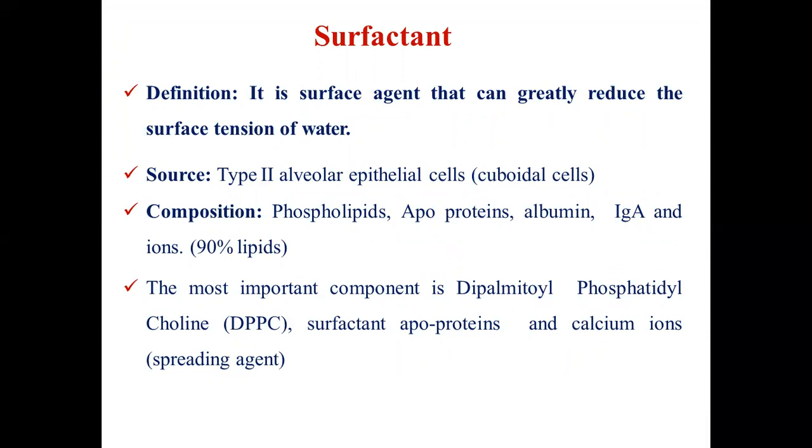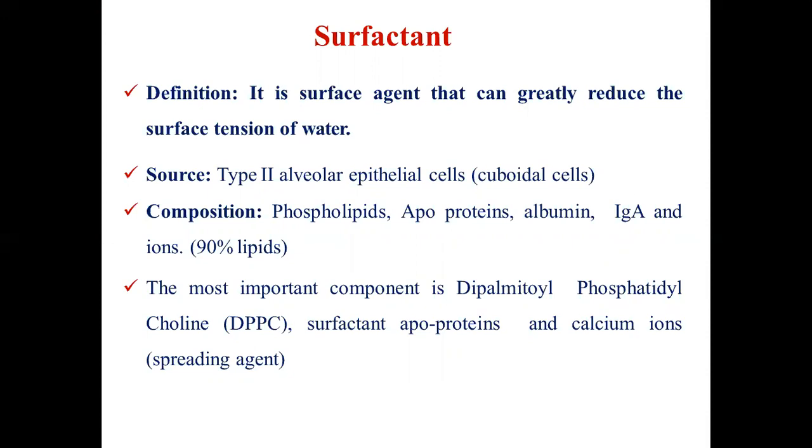Now, coming to the second important factor which protects the alveoli from collapsing is the surfactant, which is very important and a very commonly asked question also. It is the surface active agent that can greatly reduce the surface tension of water. It is secreted by type 2 alveolar epithelial cells, which are cuboidal cells. They are formed by major phospholipids. 90% of them are lipids only.